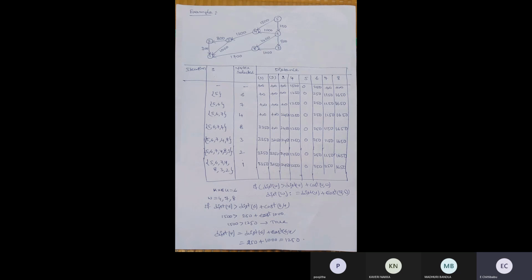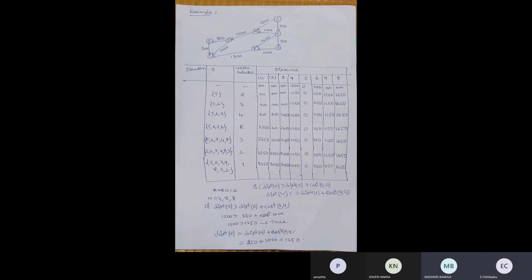Now, what are the adjacent nodes of 6? The adjacent nodes are 4, 7, 8, and 5. 5 is already visited.